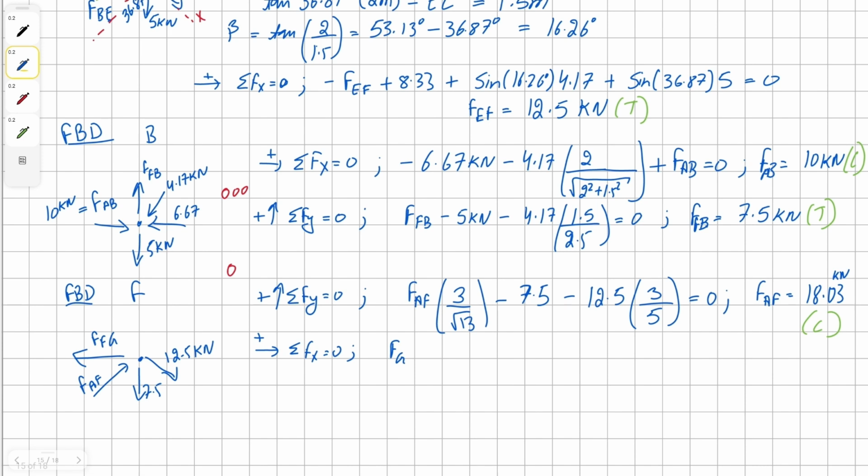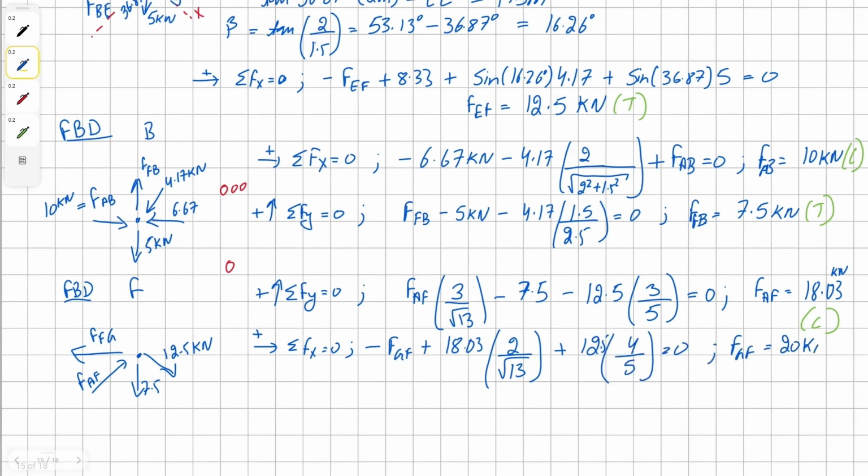We can have positive member FG force, and the horizontal component of member EF. Solving for member GF, we get a solution as 20 kilonewtons, and this member is in tension.